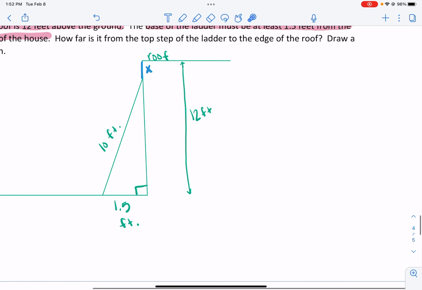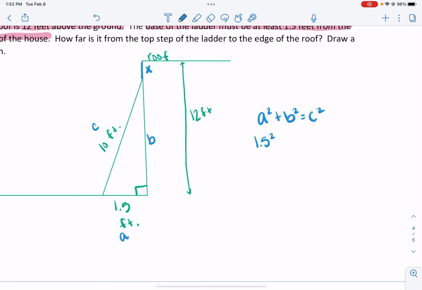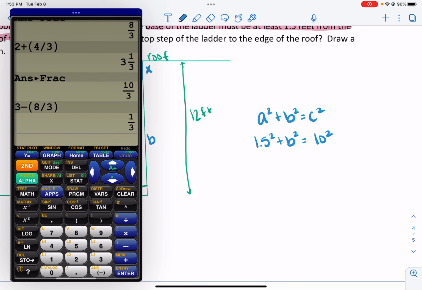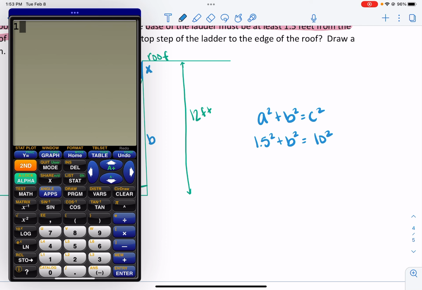Okay, so I'll make this, I don't know what variable to make it. Let's just make it B. Okay, so we'll make this our A and our C, because remember, A squared plus B squared equals C squared. Okay, so 1.5 squared plus B squared equals 10 squared. So 1.5 squared is 2.25.